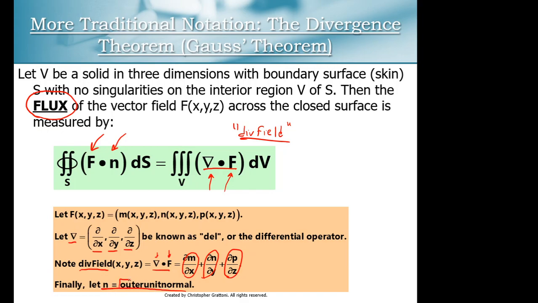Now in the U of I Net Math notation, the reason I like this outer unit normal idea is it does remind you that in order for this formula to work the way that we expect it to, we want to look at the dot product between our field vectors and outer unit normal vectors here.